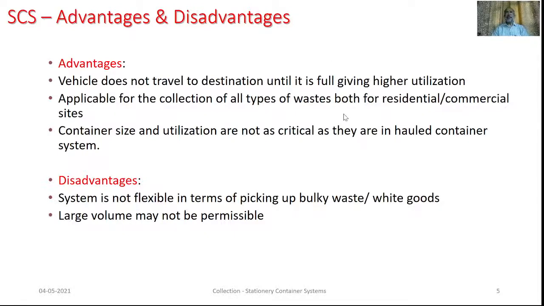Certain sites could be expecting delivery of bulky waste or white goods. So as we saw the collection mechanism, it could be a mechanical jaw or it could be a manual system. So if the waste is quite bulky, the system may not facilitate its collection.